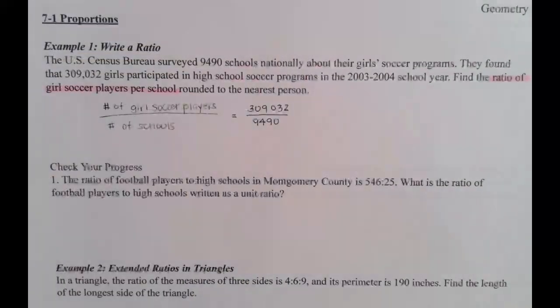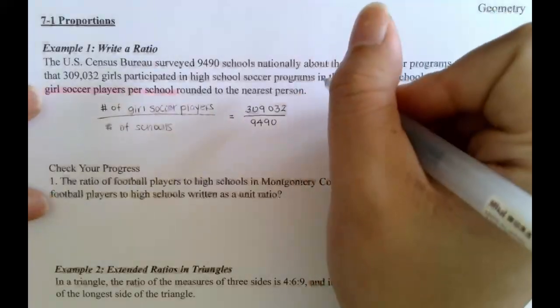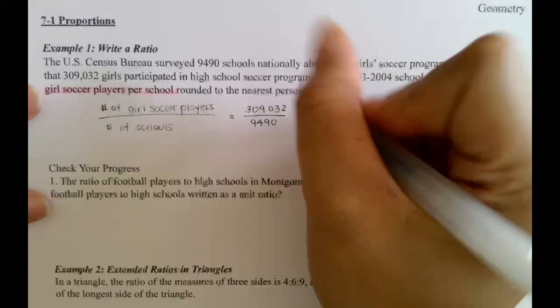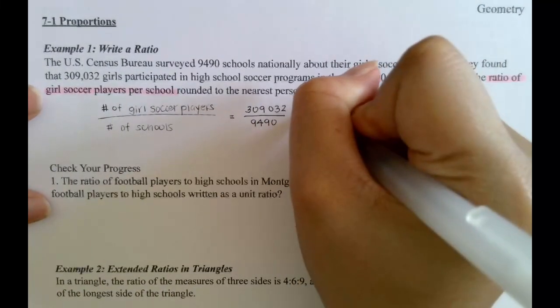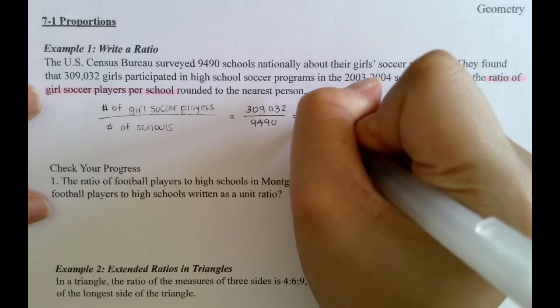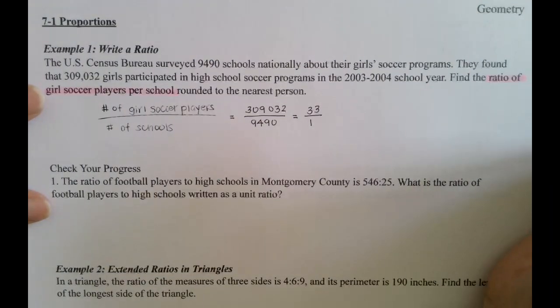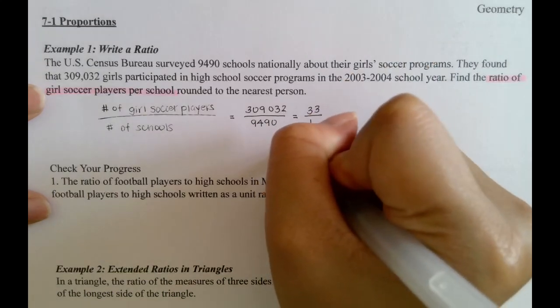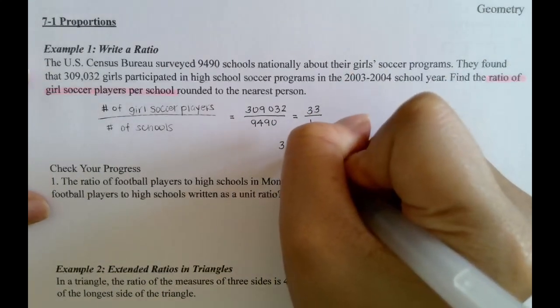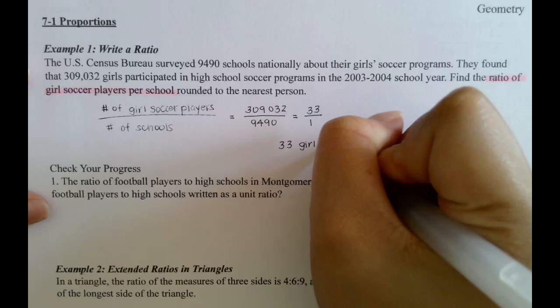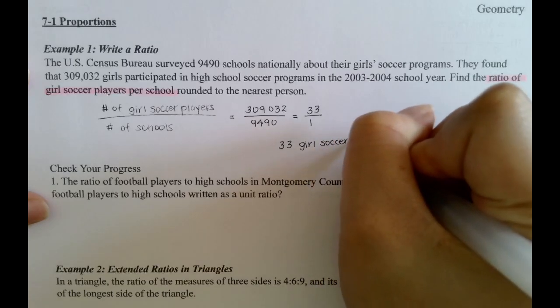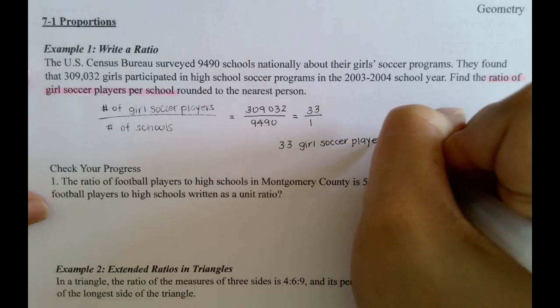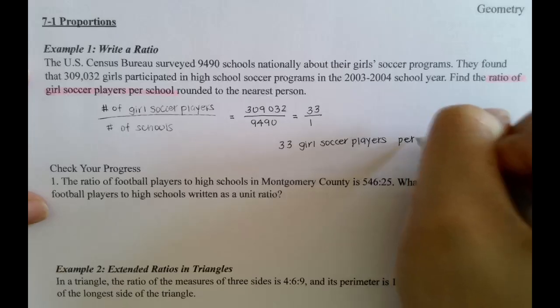We're going to round it up to about 33 because it wants the nearest person. So we're going to say 33 to 1. What that means is that the ratio was 33 girls soccer players per school.